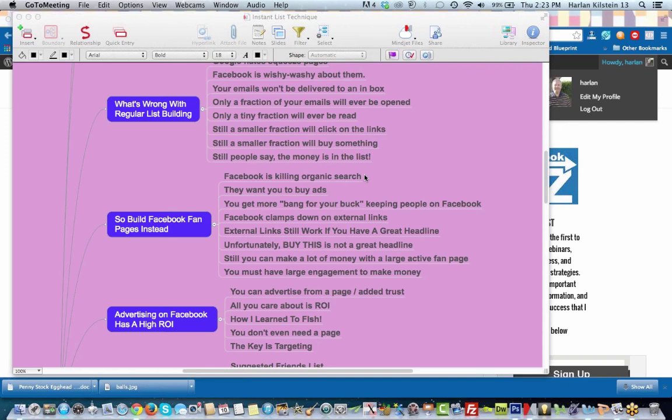Now, if you buy ads, everybody has noticed that you get more bang for your buck by keeping people on Facebook. So you can buy an ad, and if you keep people on Facebook, your costs are actually much lower than taking them off Facebook. Facebook wants to keep people on Facebook.